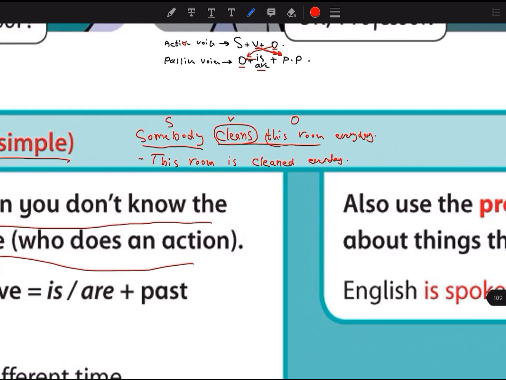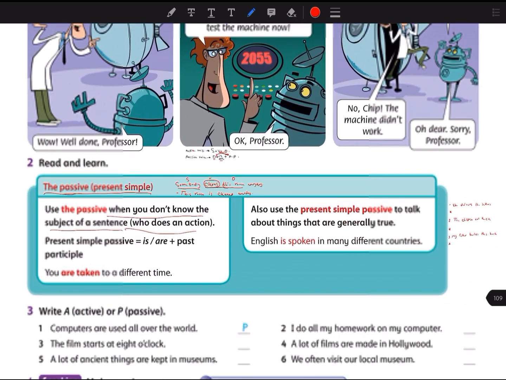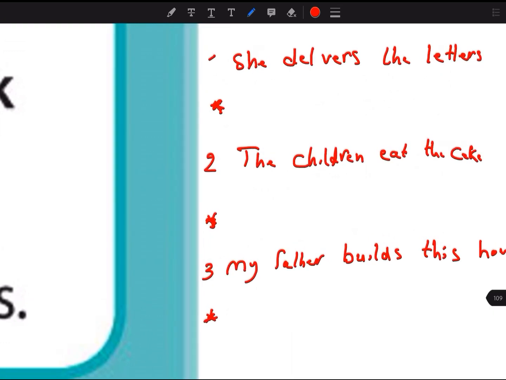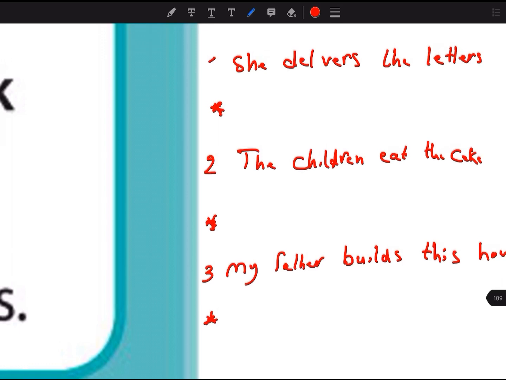So, here we have some other examples. Let's do it together. She delivers the letters. What will happen if we change this sentence to passive voice? As we said, subject, verb, object. We bring the object to the beginning of the sentence, like the letters.